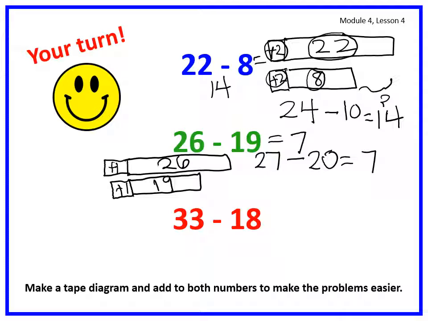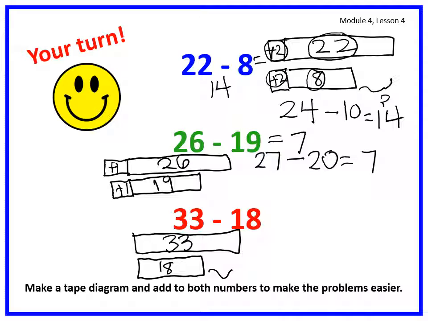Okay, so let's look at 33 minus 18. So again, big number on top. That's your total, 33. Compare that to 18. I want to know the difference. What's the number right here? Okay, how many more do I need to add to 18 to make it 20? 2.